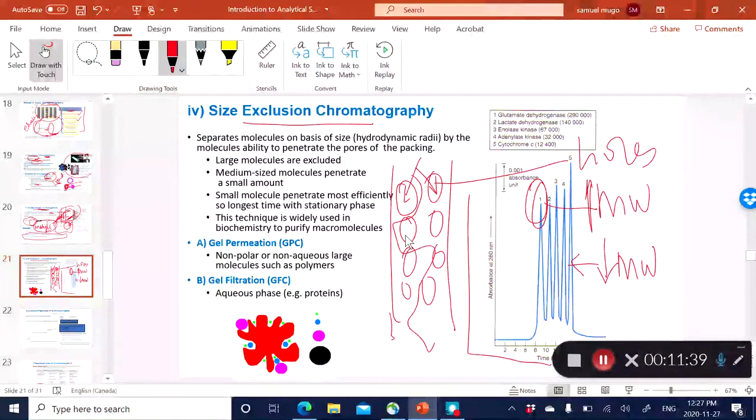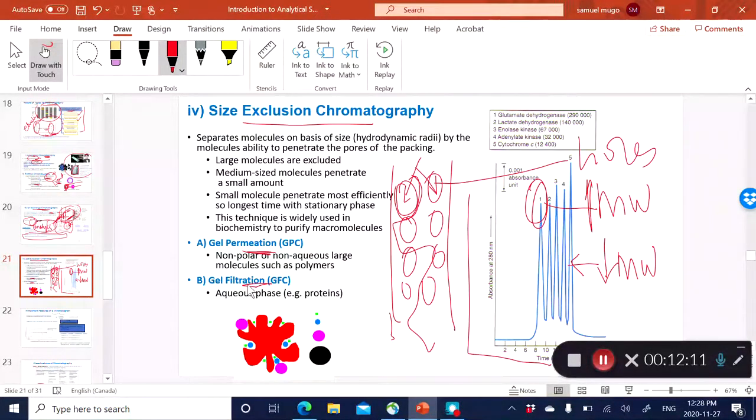Now, there are two types of size exclusion chromatography. There's what they call gel permeation chromatography and gel filtration chromatography. And the only difference between the two is the polarity of the beads or molecular sieves that are packed inside the column. For GPC, the sieves or the molecular beads are hydrophobic polymers. Okay, they are hydrophobic polymer beads.